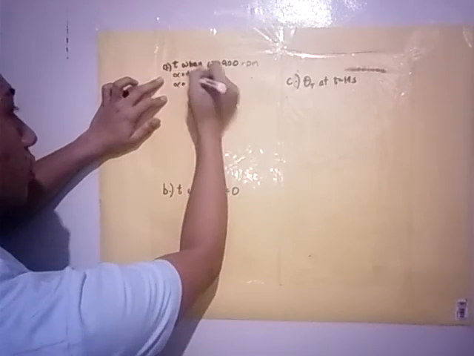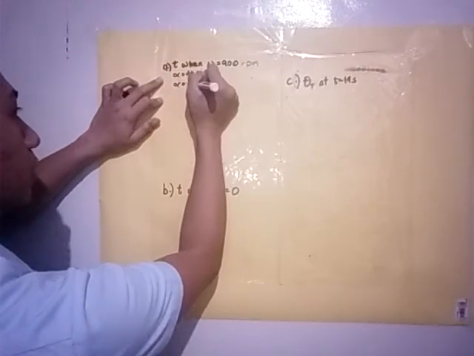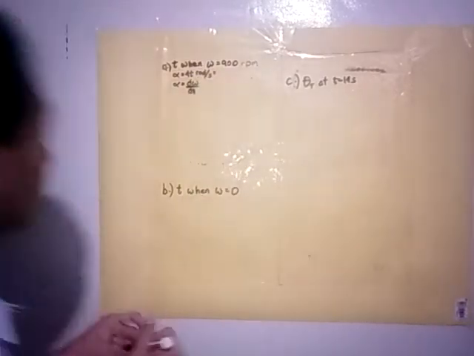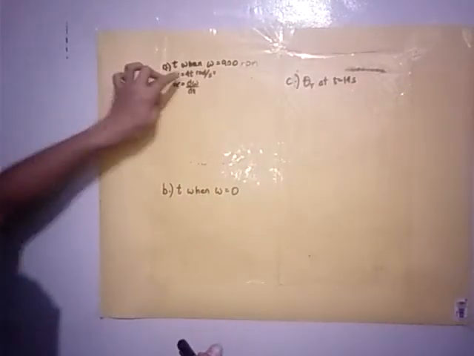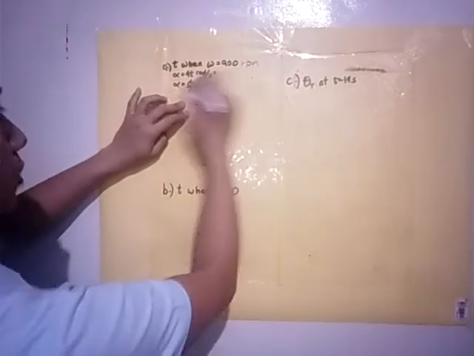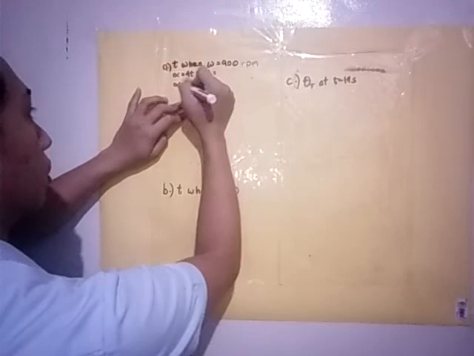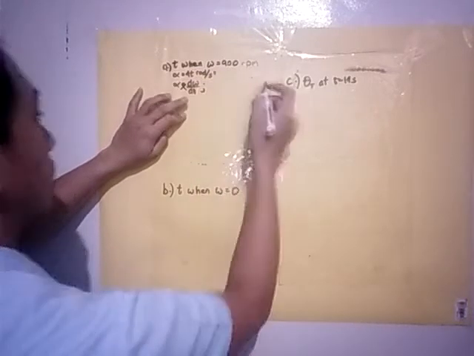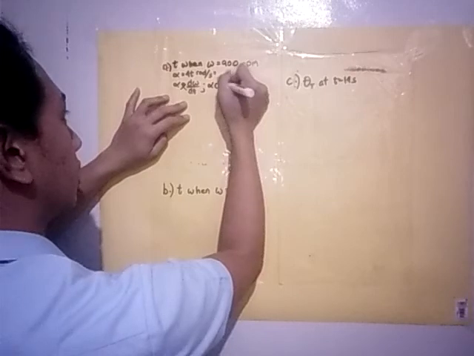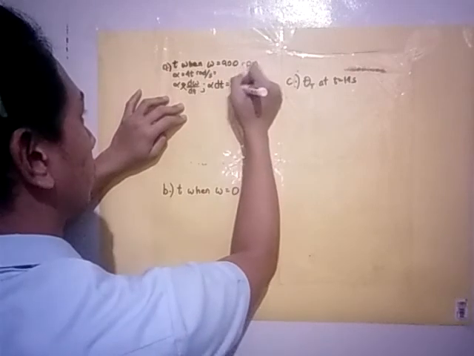Alpha is equal to the first time derivative of our omega with respect to time. But first, we cross multiply these equations. So we will get alpha dt is equal to d omega.